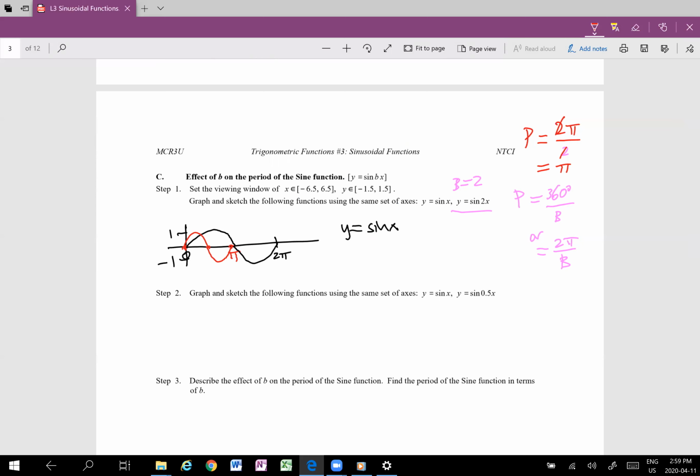Notice that this graph is supposed to be still the same amplitude. What's wrong with me? It should be the same amplitude as the first one. Let's try that again. And I think a lot of you understand that since the b value is greater than 1, it's a horizontal compression.